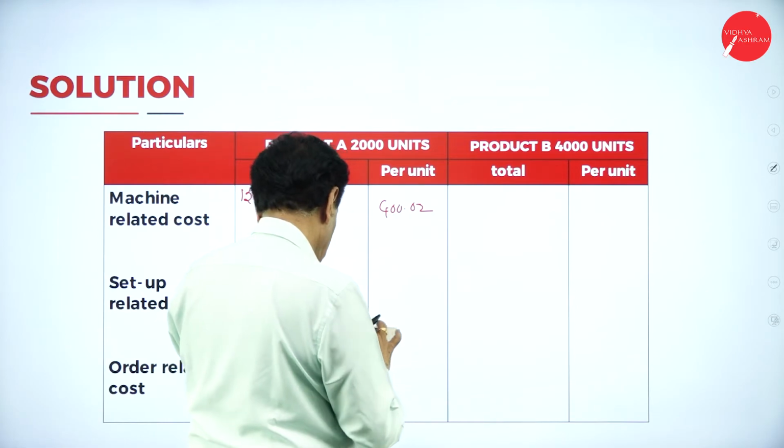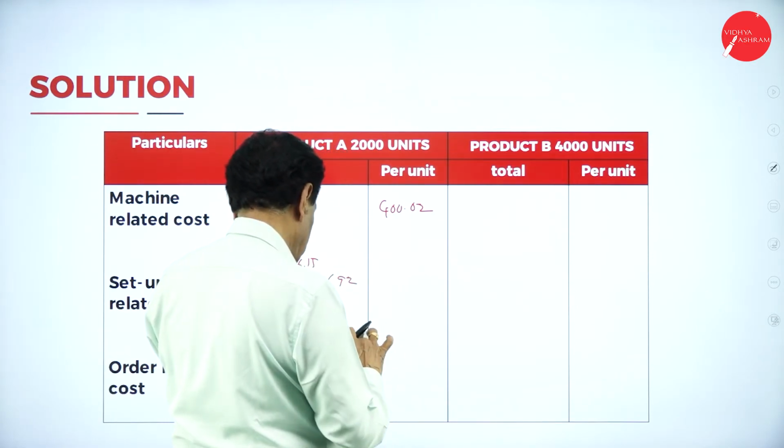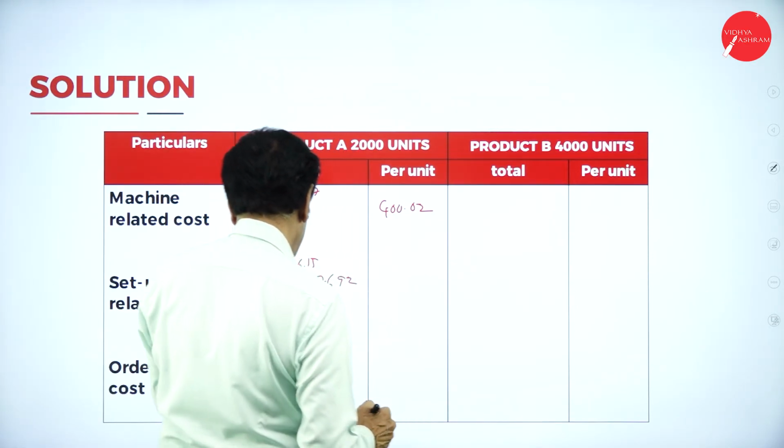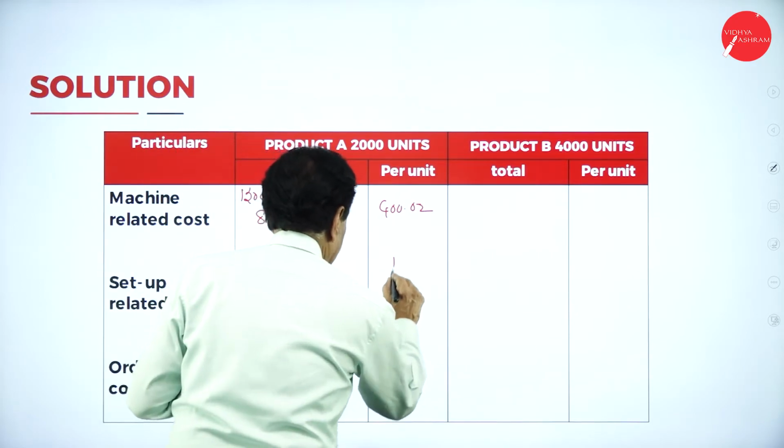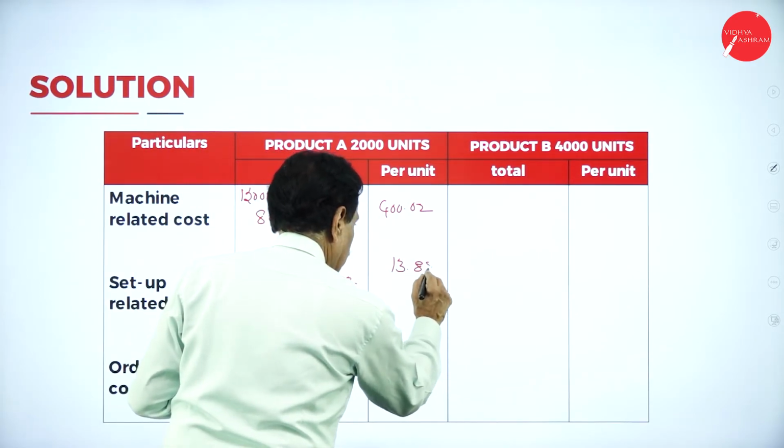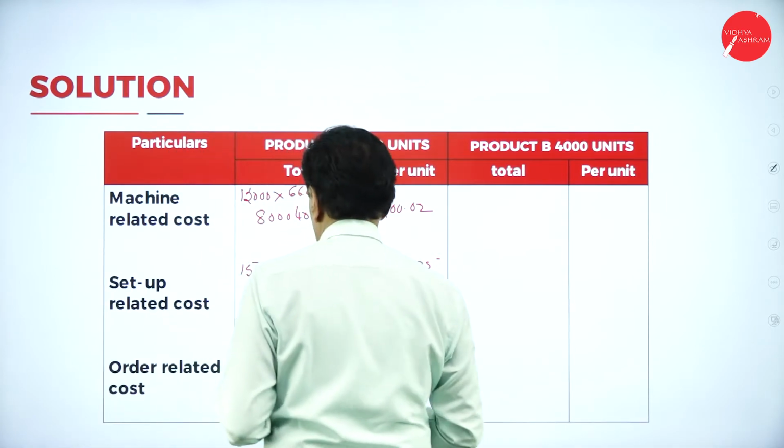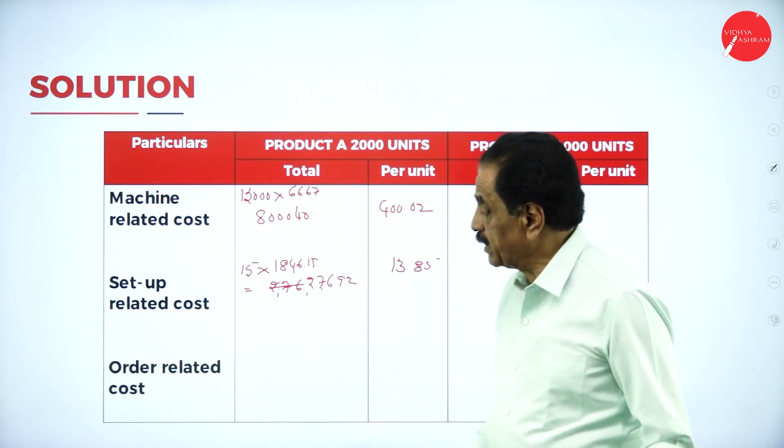Divided by 2,000 units gives 13.846, which is 13.85. So this goes in favor of setup related cost.